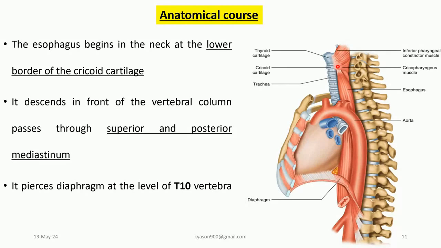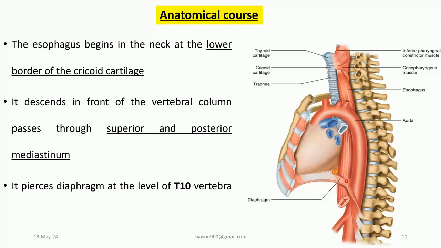So below the pharynx, at the level of the cricoid cartilage, the esophagus will begin, and it's going to extend downwards in front of the vertebral column to go through the superior mediastinum, then through the posterior mediastinum behind the heart.